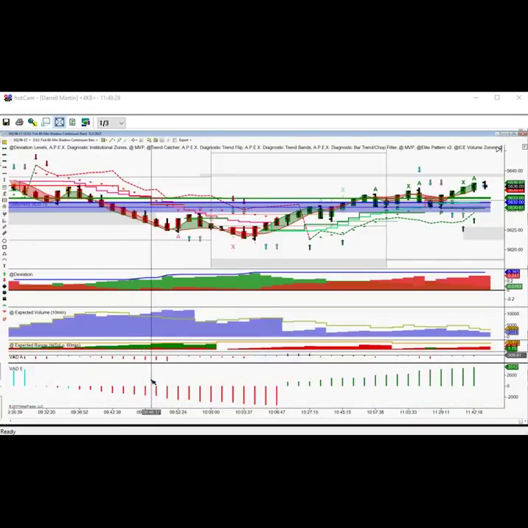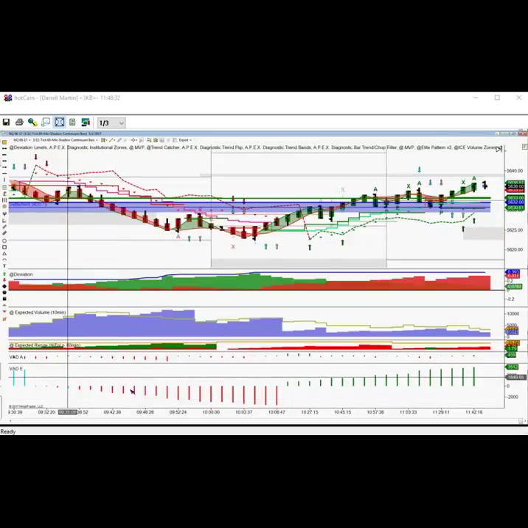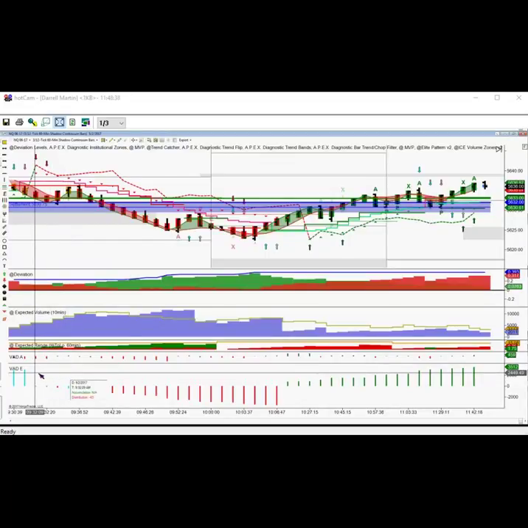We'll shrink that. And so we have 42 contracts of volume on this downturn. And we have 89, 201, 441. Notice how the number is rising?